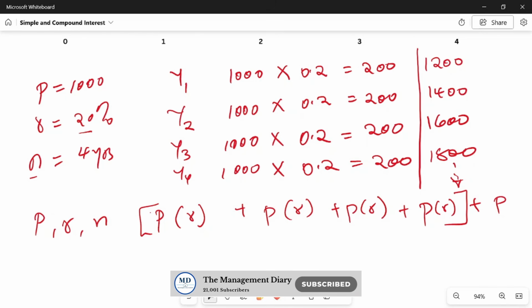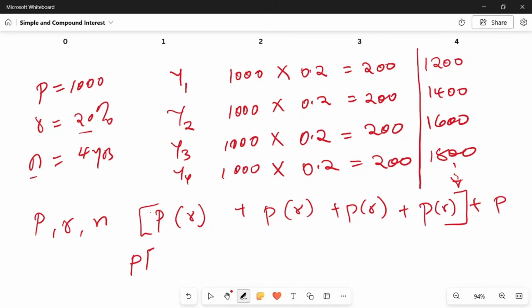So you can easily see that here we have our principal, and then we have this first one is going to be just the rate, then plus the rate, then plus the third rate, then plus the fourth rate. And now for the final year, because we have put this outside the bracket, it's going to be plus 1. And this is 1, 2, 3, 4.